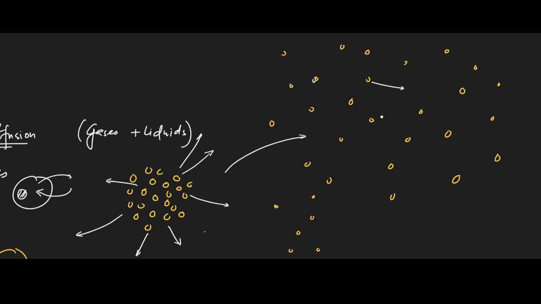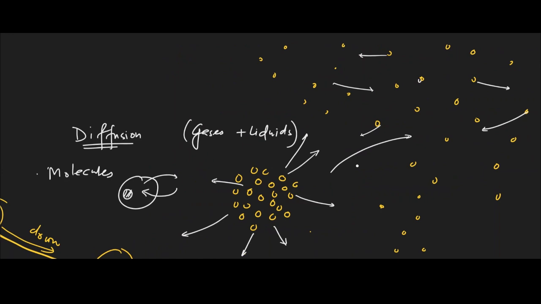The particles will still have a tendency to move back and forth, from the region where they moved to, to the other region, but equilibrium will be maintained. So that is what diffusion is.